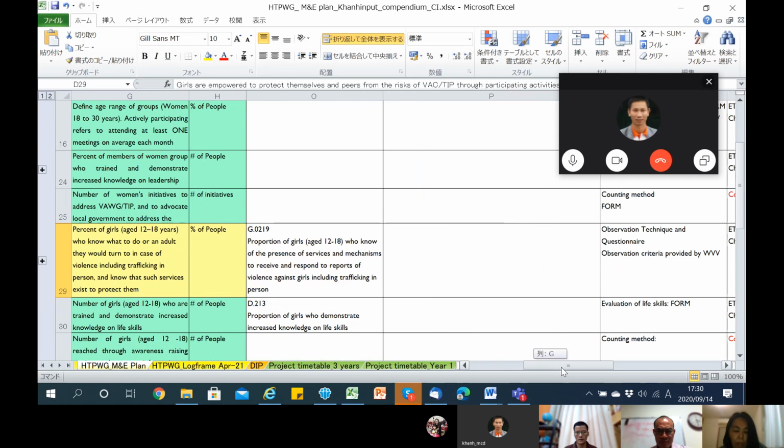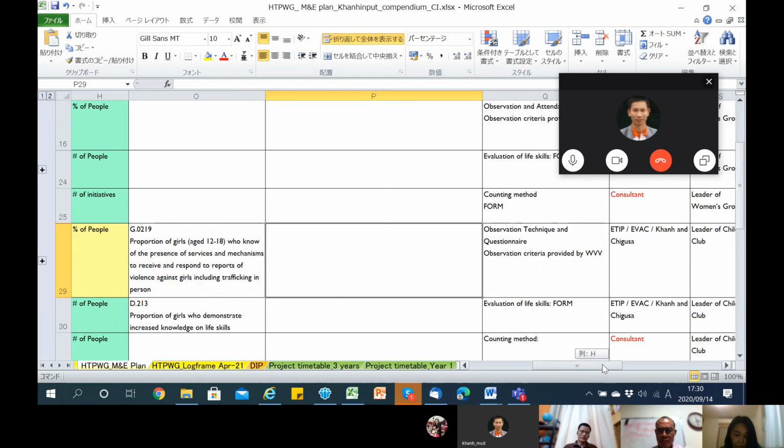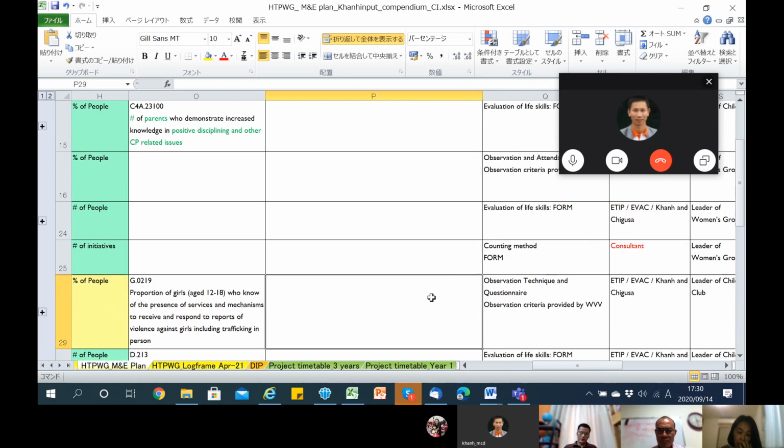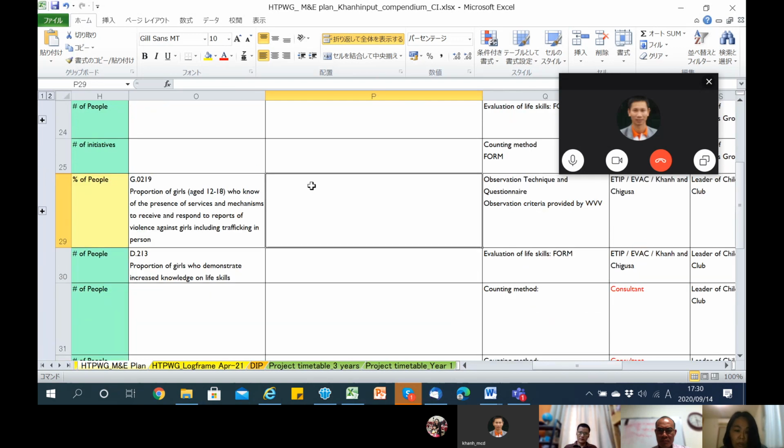And we're supposed to have compendium tools for this indicator, but I haven't found it yet. I'm asking Mr. Hoa to give me this question. Sorry, I'll send it to you later. But we have a question for this.